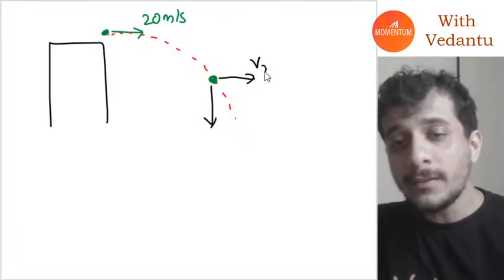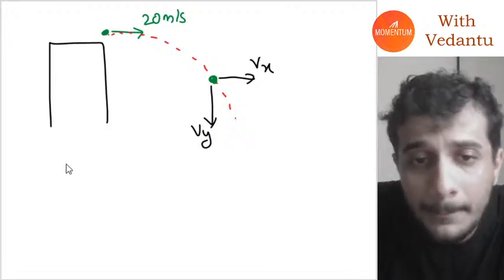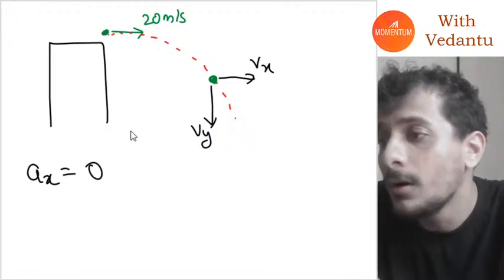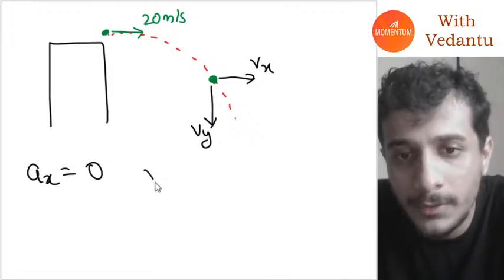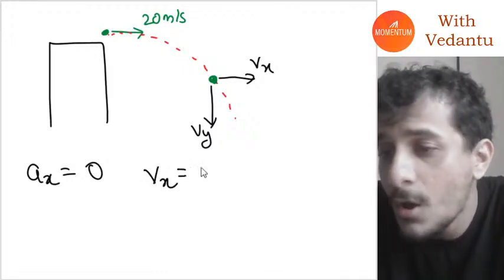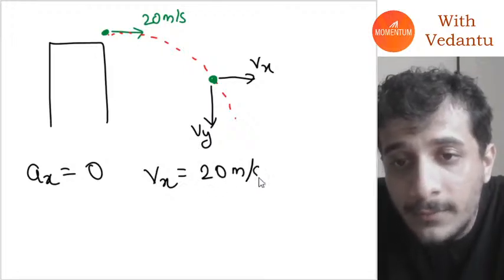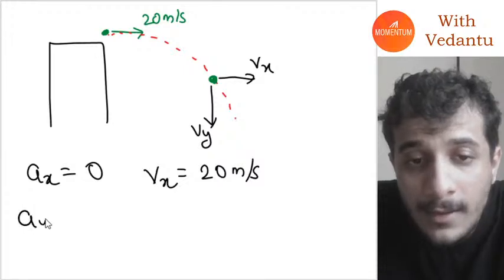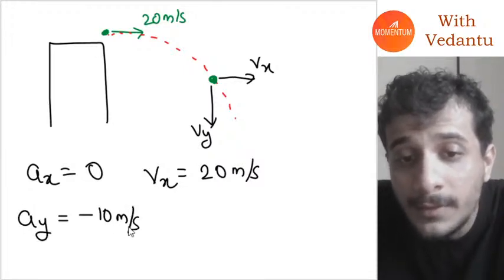Okay, Vx and Vy. Now you have to remember that acceleration in x direction is 0 because there is no force on the body in the horizontal direction. So velocity in x direction will just be equal to 20 meters per second after 5 seconds. Acceleration in y direction is negative 10 meters per second squared.